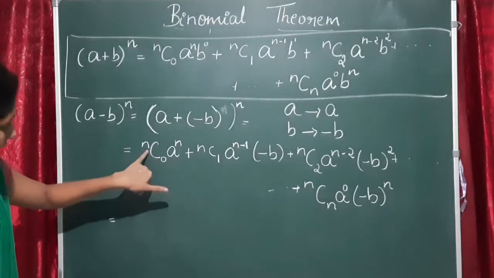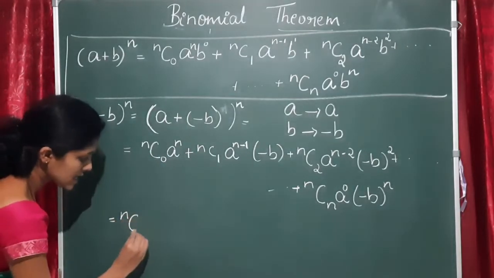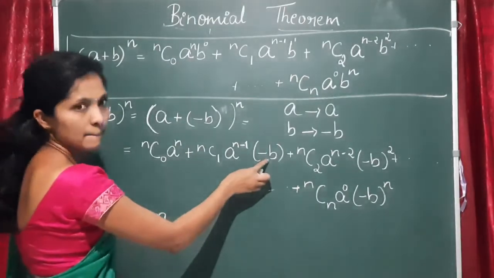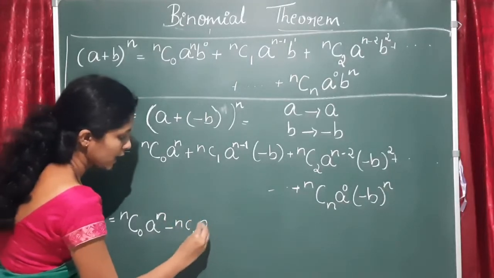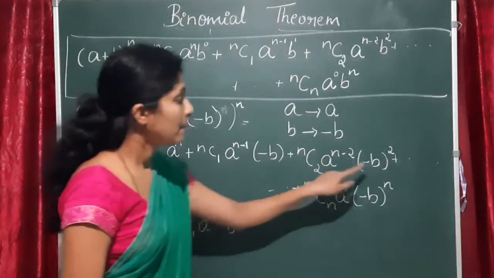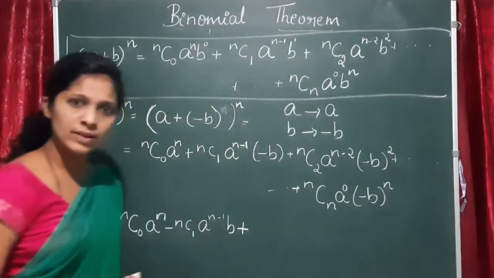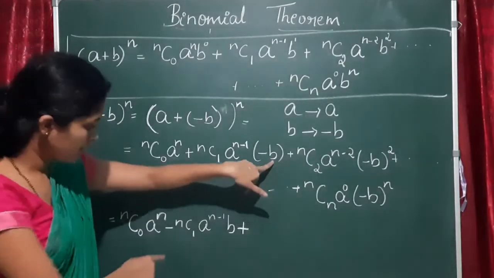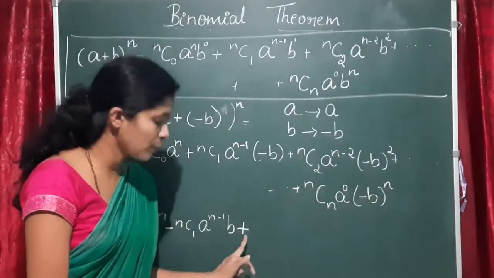Okay, fine. See here, nC0 a to the power n. What happens here? Minus b. So this will be minus nC1 a to the power n minus 1 b. The next term will be (minus b) whole square. Obviously it will be positive, right? See here, b to the power 0 is there, b to the power 1 will be negative, b square, an even number, so it will be positive.